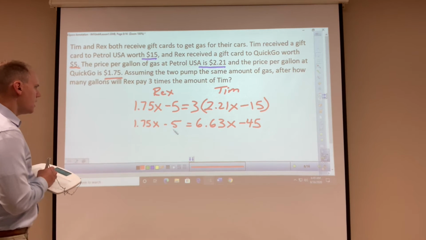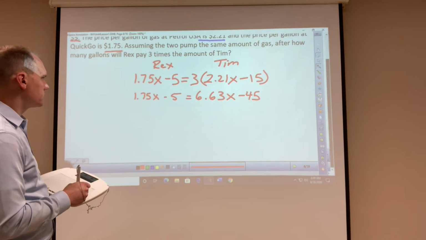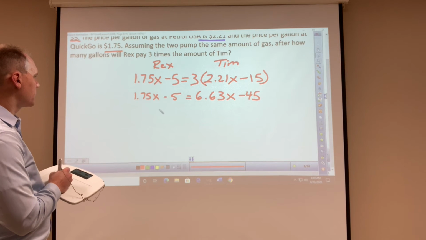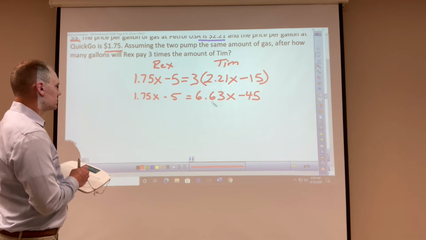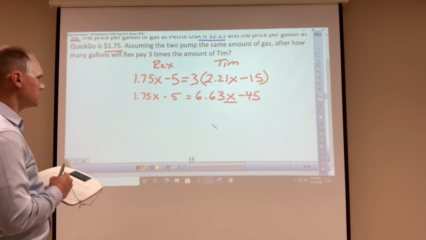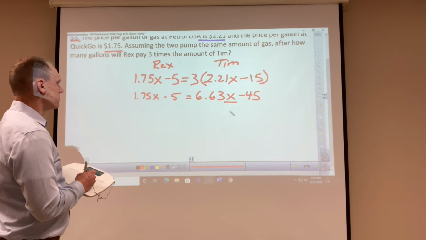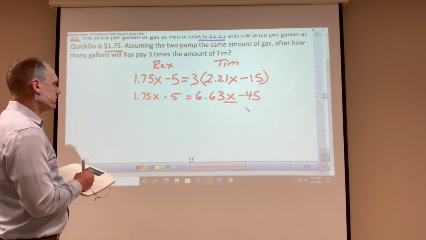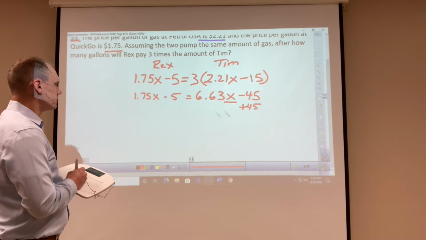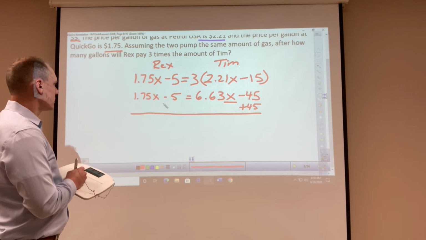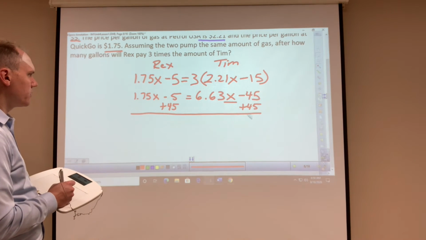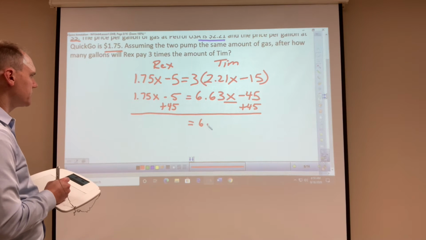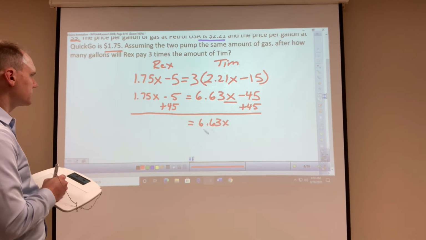All right. From there, let's go ahead and try to get x by itself. So let's try to isolate x over here. Okay, so to do that, we're going to add 45 to both sides. So negative 45 plus 45 is 0, so that's just going to leave us with 6.63x over here.